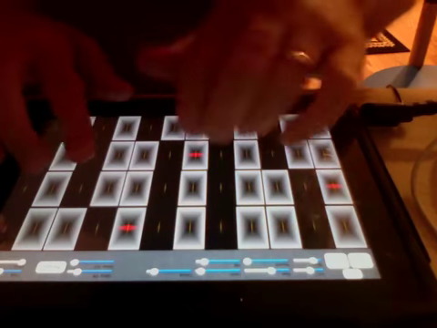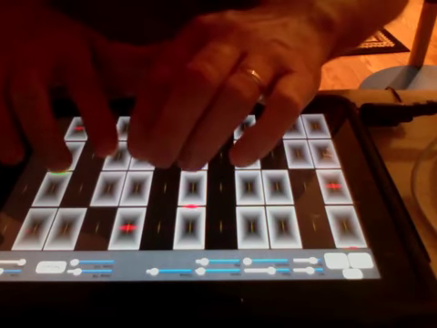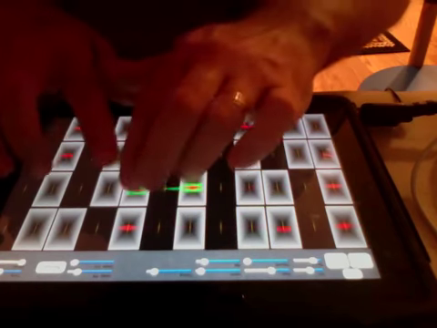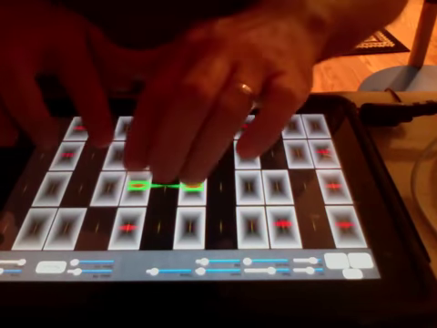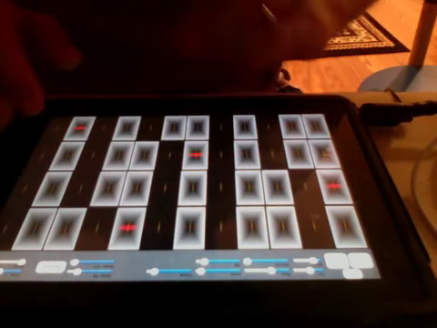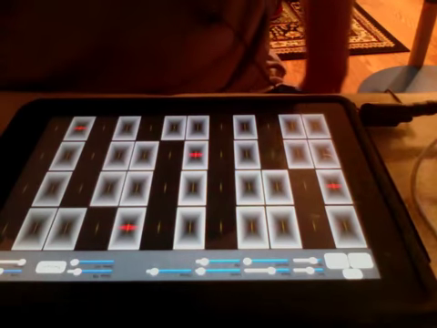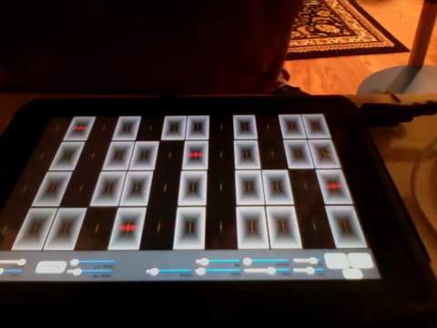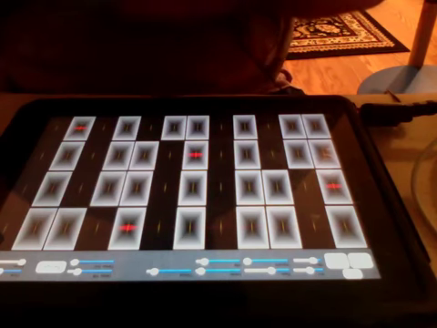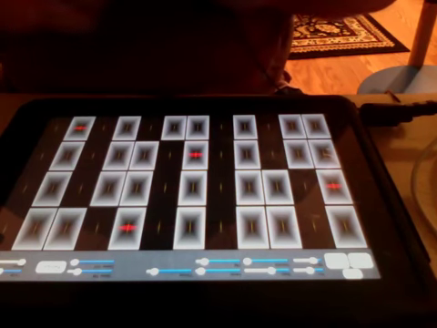So A, B, C, D, E, F, G, A, B, C, D. Now it does take a little getting used to because your fingers are actually playing a 7-beat rhythm when you play a scale. It's just you typically don't notice it if the pattern doesn't repeat as obviously as it does when you have octave rounding.